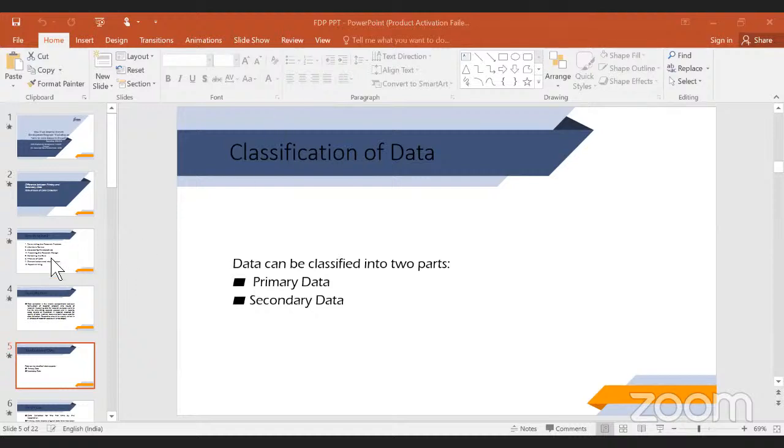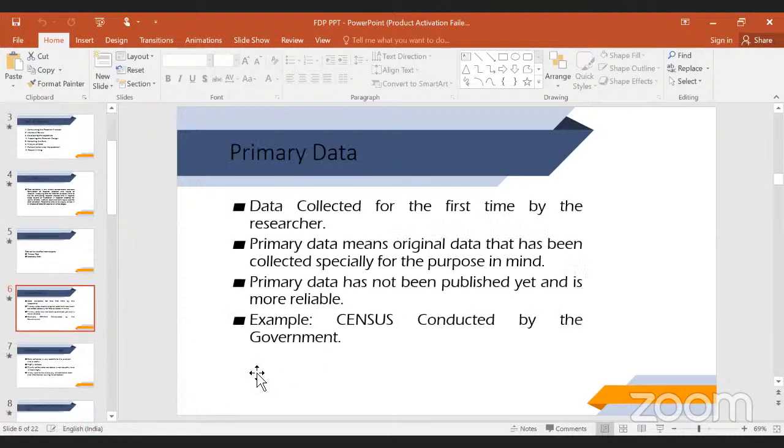So yes, I have explained before you people till now the importance of data collection. Now I will be coming to the topic of classification of data. If I talk about what kind of data we need for our research, we can divide that data into two categories, that is primary data and secondary data.